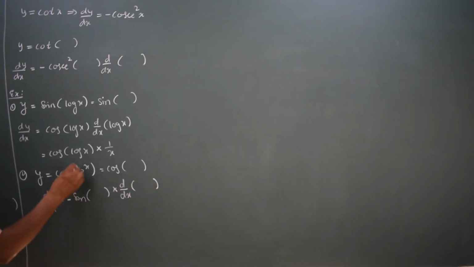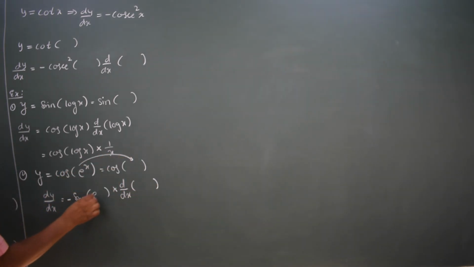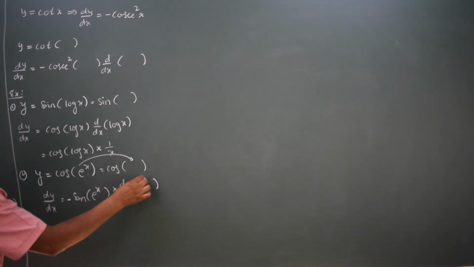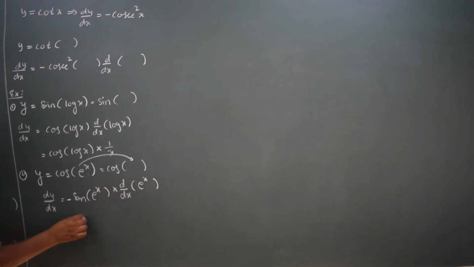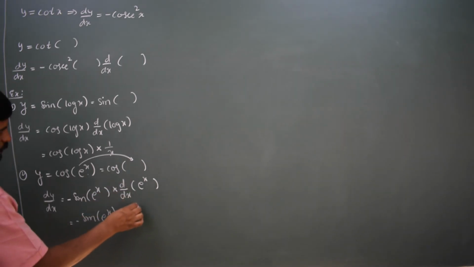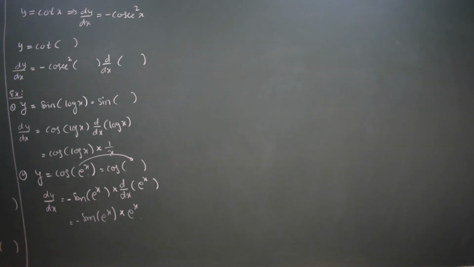In the place of something, that is e raised to x. That's equal to minus sine of e raised to x into the differentiation of e raised to x, which is e raised to x.